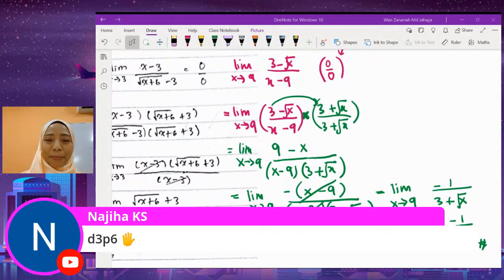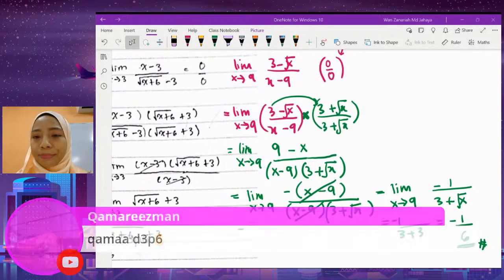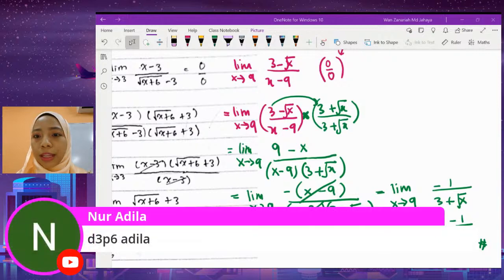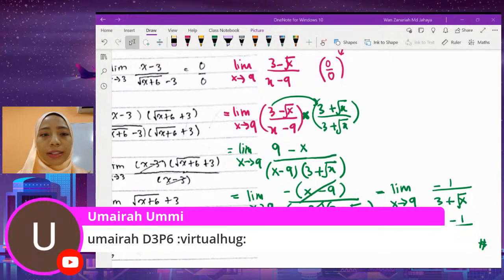Pucat muka I. Alright, who else? Yes, we have Auni, Komari, Adila, Umaira. Okay, who else?